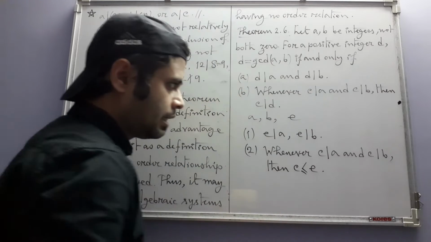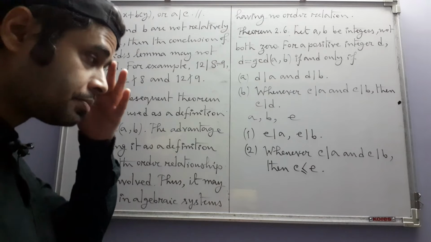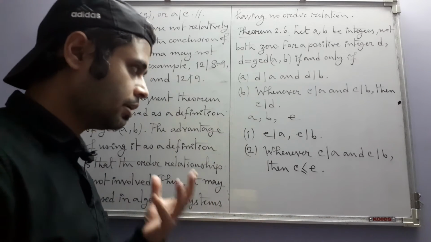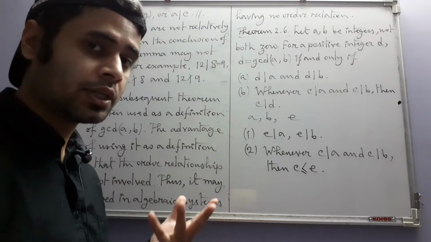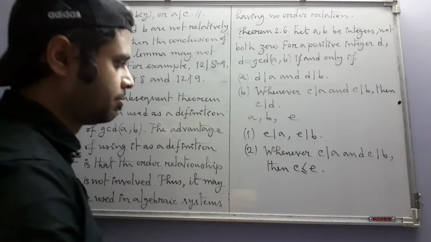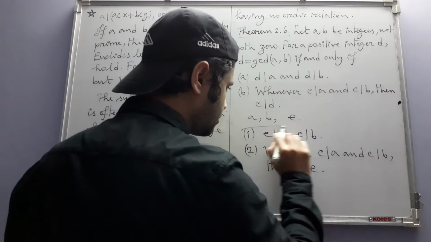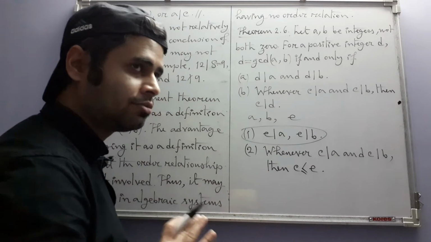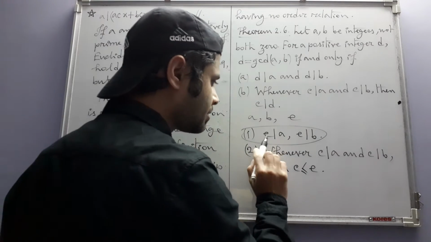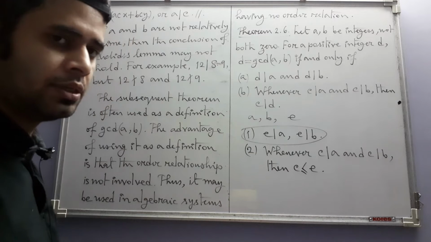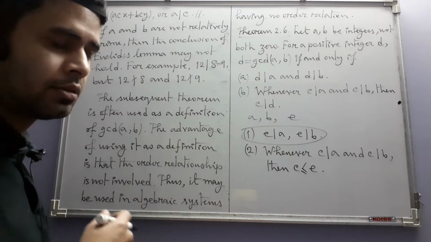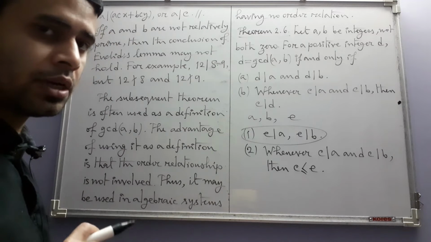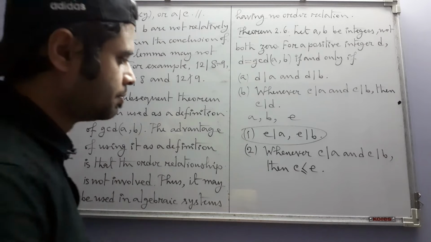Now you can see that this definition is literally the definition of the greatest common divisor. How? The first condition tells you that e has to be a common divisor of a and b. E has to divide both a and b. E is common to the sets of divisors of a and b.